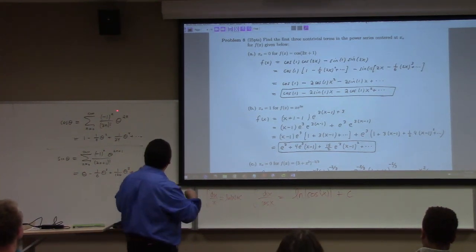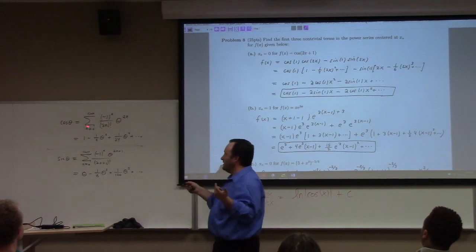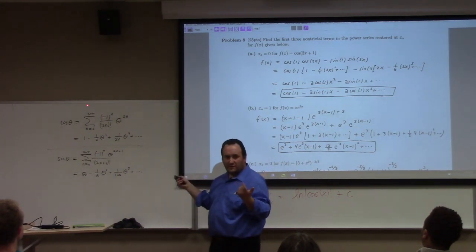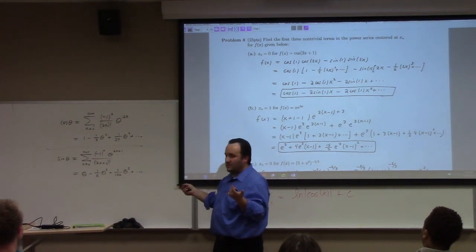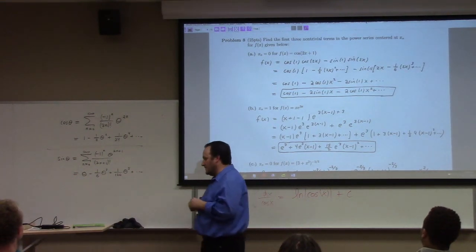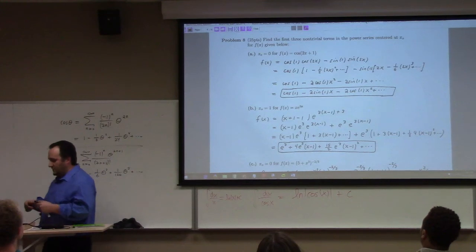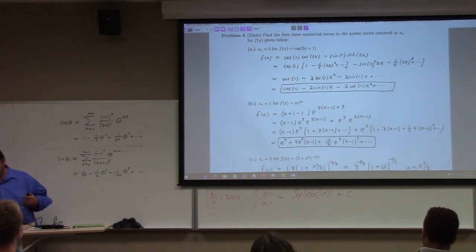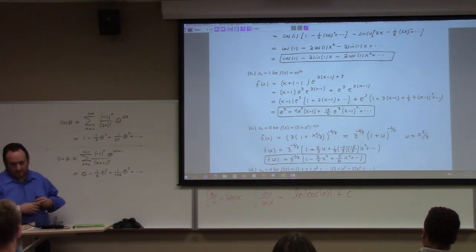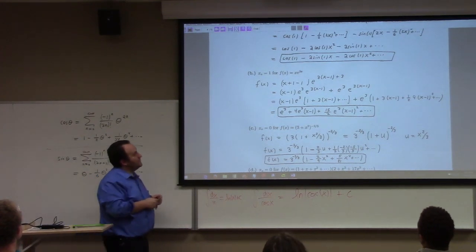Do you want to use the big clunky full power series for this? No. You want to use what the first 3 terms are. So what's the right weapon of choice? This one here.